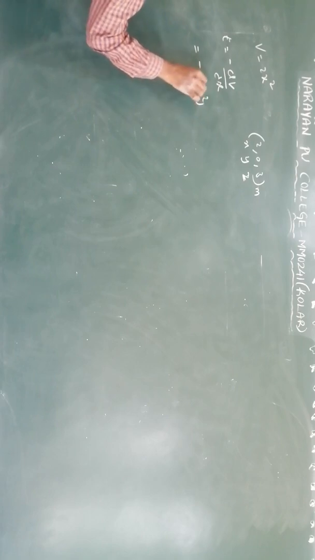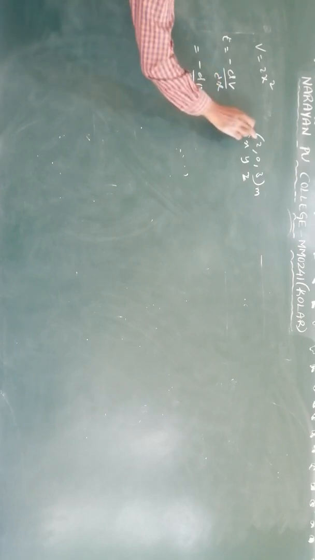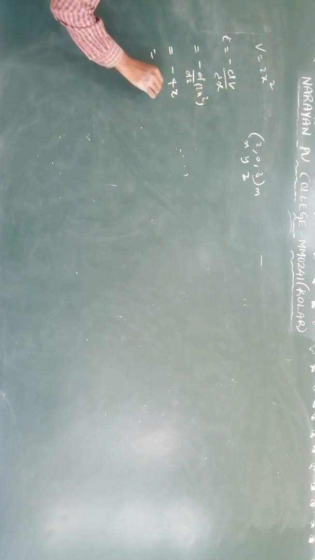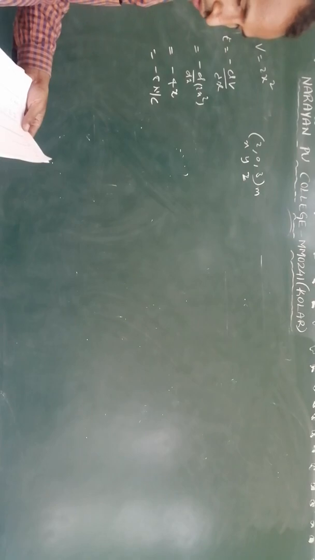Differentiate with respect to x. So d by dx of 2x square will be minus 4x. The x value is 2, so minus 8 Newton per Coulomb. If you have z and y, then you substitute z and y. You need to differentiate with respect to y and z and then substitute the values. But we have only x, so the x value is substituted.